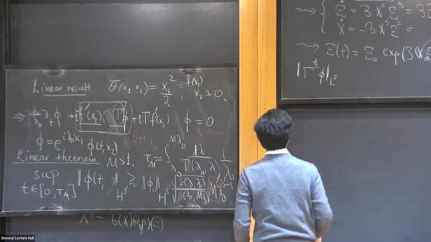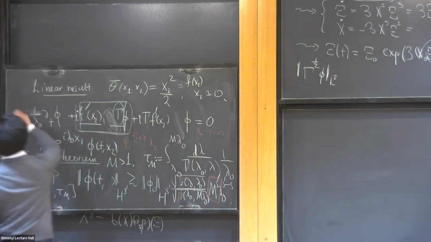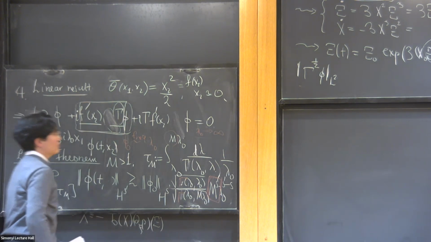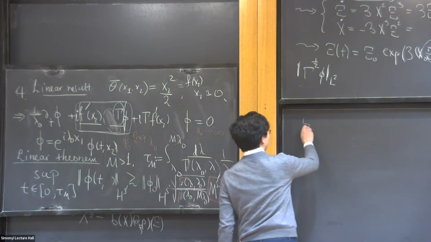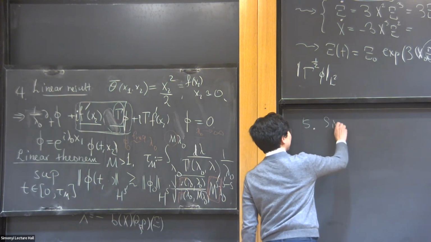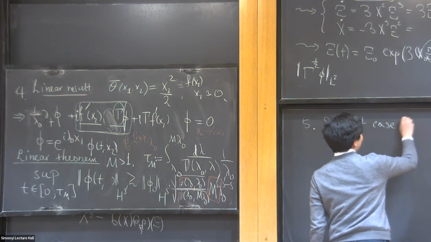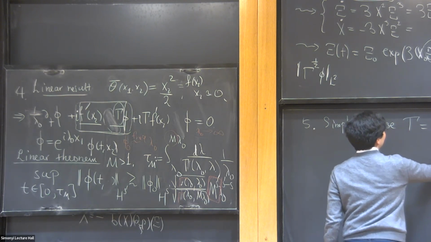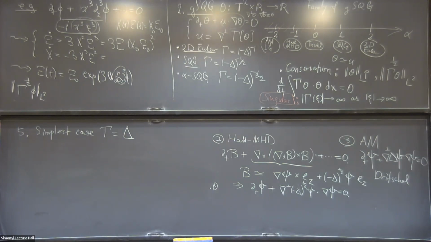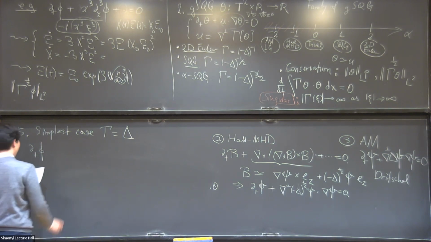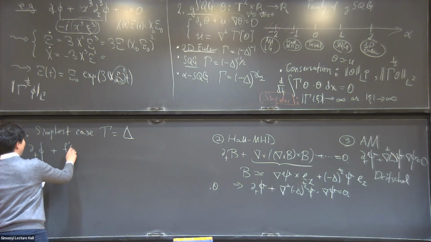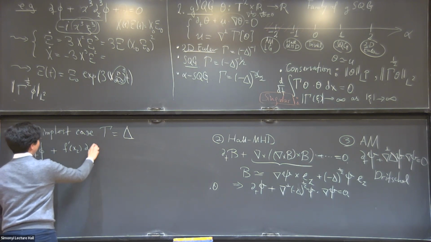The last part is the proof in the simplest case. For this case, I can take gamma to be really the Laplacian. In this case, the equation does not involve any non-local operators, so that is really nice. And the equation is simply this.